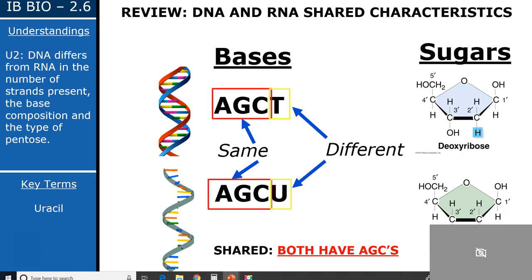The only difference is that deoxyribose has just a hydrogen, where ribose has hydroxyl groups on both of these. So know what's in common, that they are both polymers of nucleotides and both have A's, G's, and C's, but know what sets them apart, both in the bases and in the sugar structure underneath them.